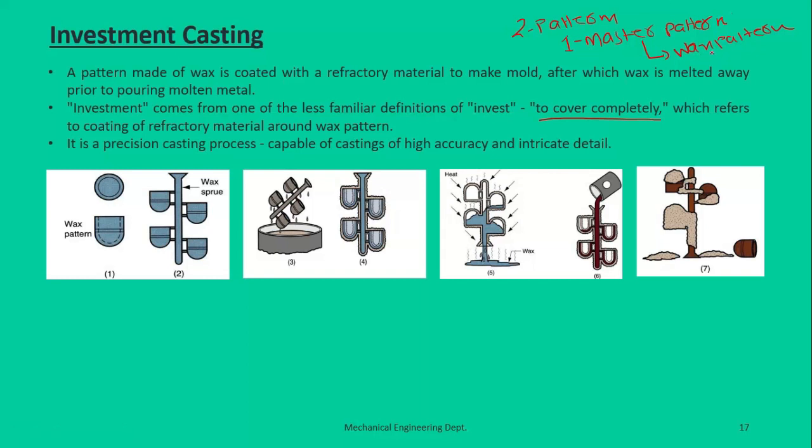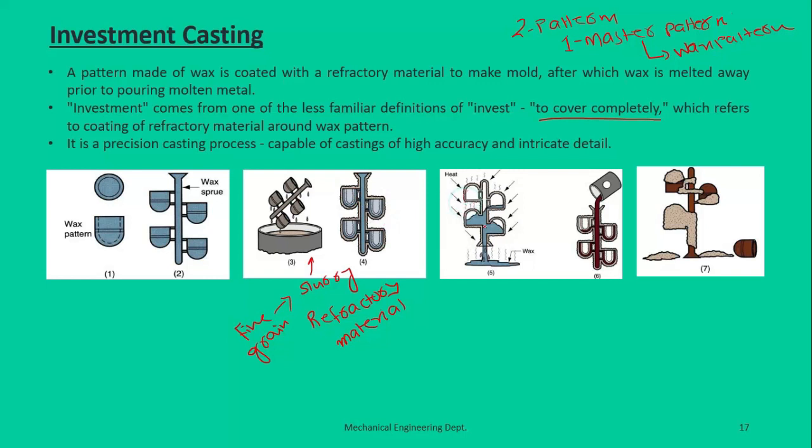Then we take this wax pattern and dip it into the slurry of a refractory material. So we have a pool of refractory material with some fine grain, and we dip this wax pattern into the fine grain slurry and allow it to settle onto the surface of the wax pattern.